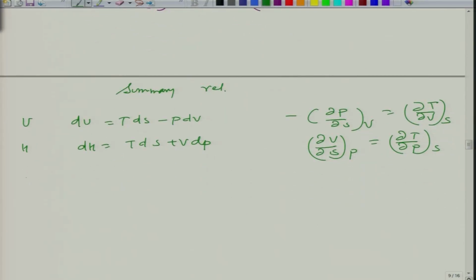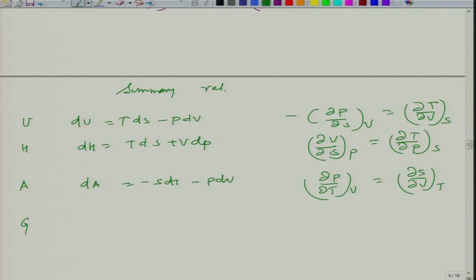Then we have function A. Sometimes people use F also, but let me just use A here: dA = −S dT − P dV. Here I have (∂P/∂T) at constant V equal to (∂S/∂V) at constant T. Again the negative signs get cancelled, and so you have this relation.